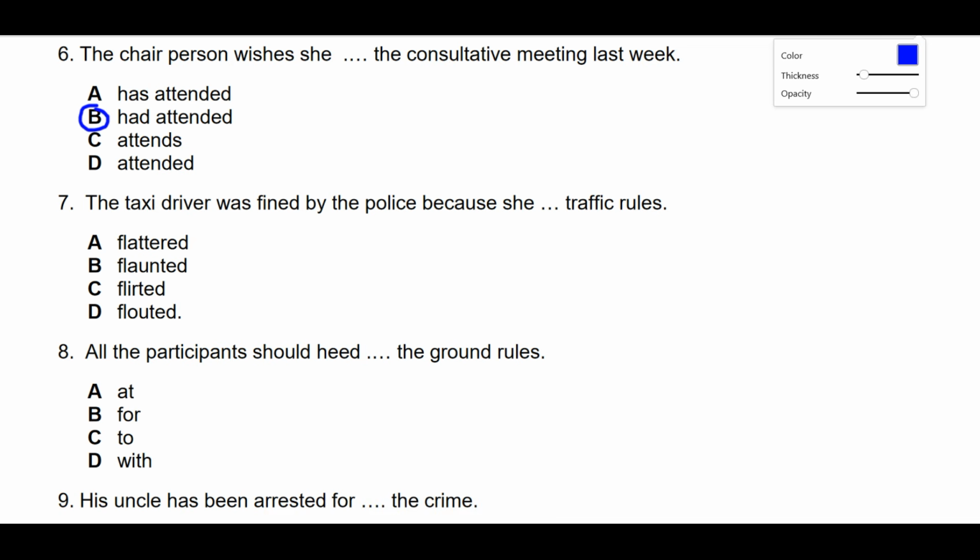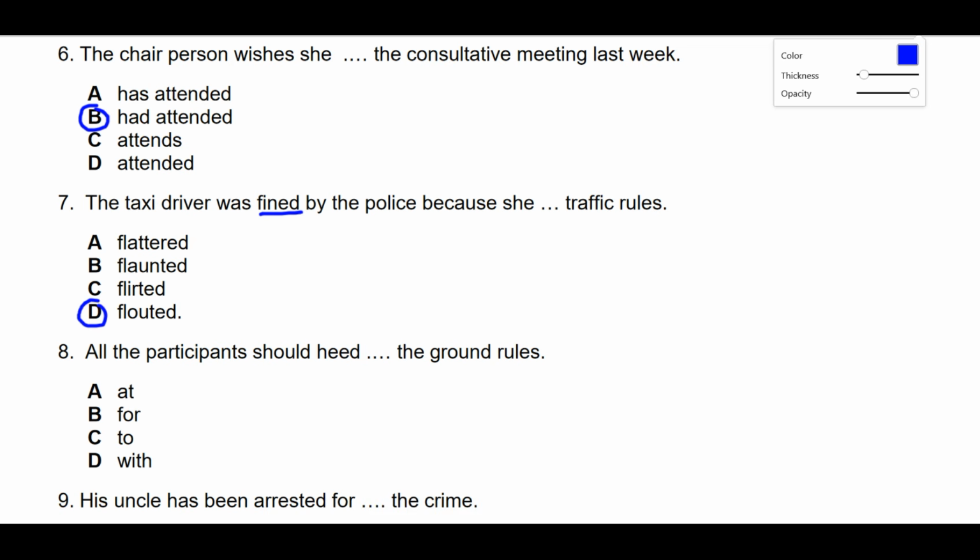Number 7, the taxi driver was fined. To be fined is like you are charged by the police because he flouted traffic laws. To flout simply means to break the law, in most cases deliberately. That is to flout.